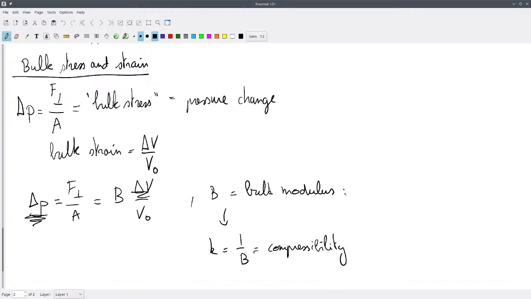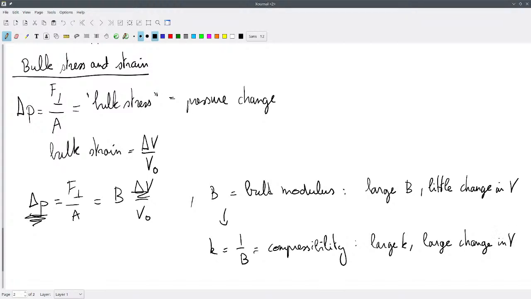And so, just as with the Young's modulus, a large B corresponds with little change in the volume. And of course, if we invert that, a large K corresponds with a large change in V for a given change in volume.